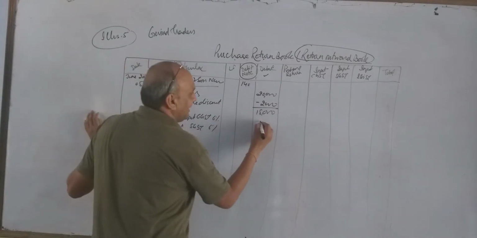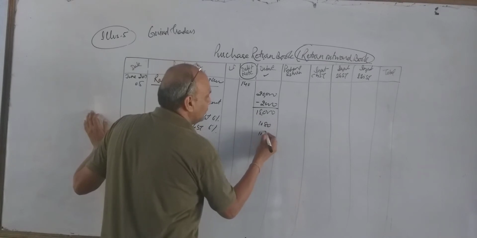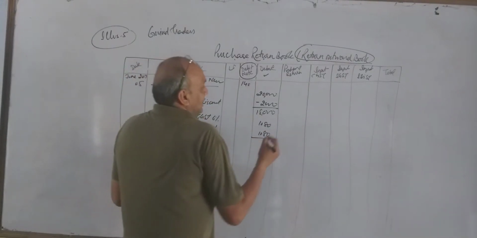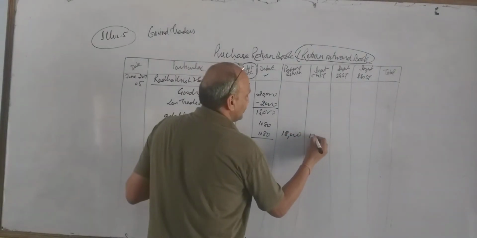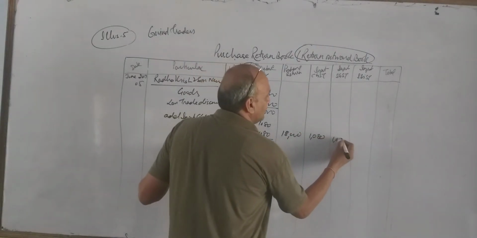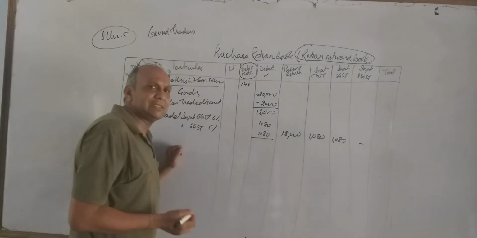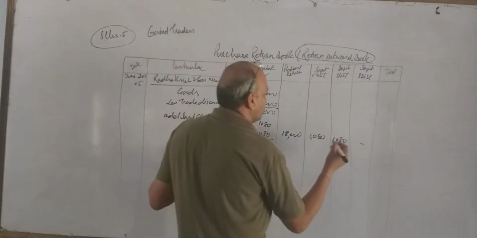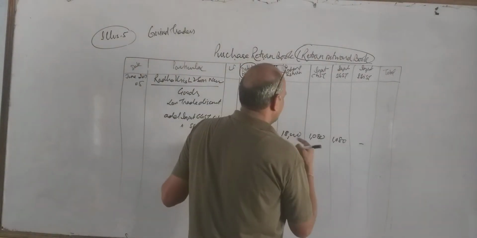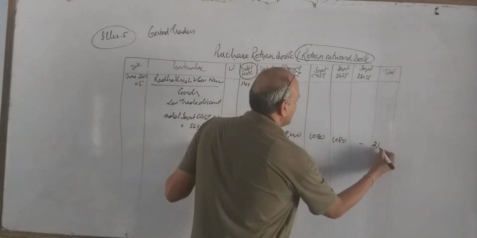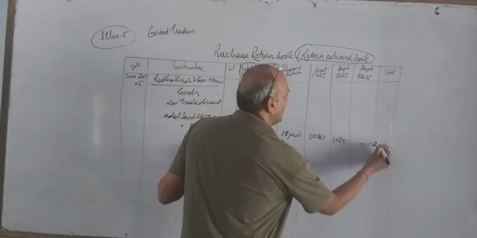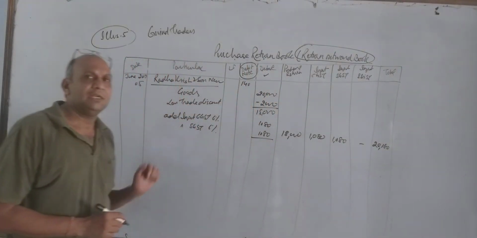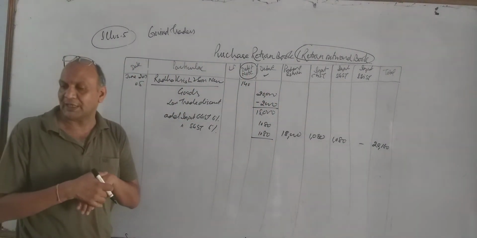So it comes to 1,080 each. Purchase return 18,000, input CGST 1,080, input SGST 1,080. In IGST it is dash, and the total becomes 20,160 rupees.